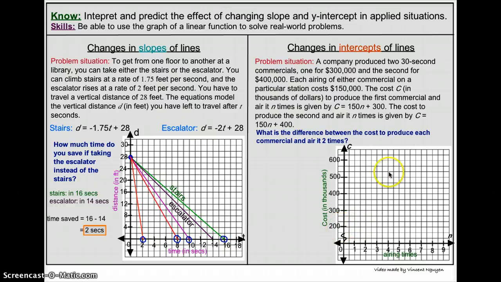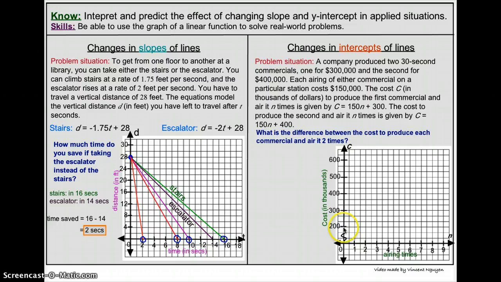So I'm going to draw my graph here. The x-axis, which is n, is the number of times that the commercial gets aired. And of course, the cost axis is going to be the total cost of each commercial, okay? You notice here I had to put a little break in my graph because I couldn't fit all of those values down there.